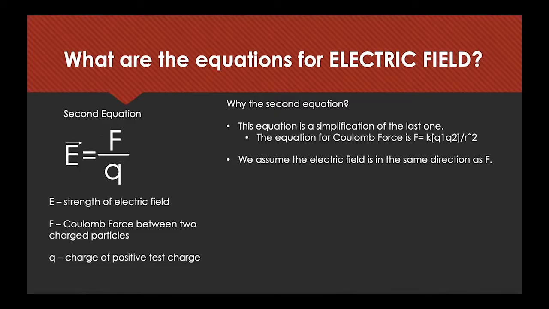An electric field is equal to force over the charge of a positive test charge. You can think about that as the positive test charge is the one placed inside the field that you're trying to figure out. It's also important to note that this electric field has direction, and it's in the same direction as the force.